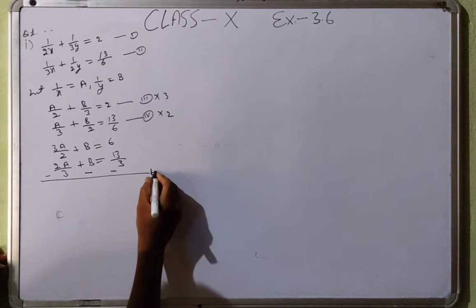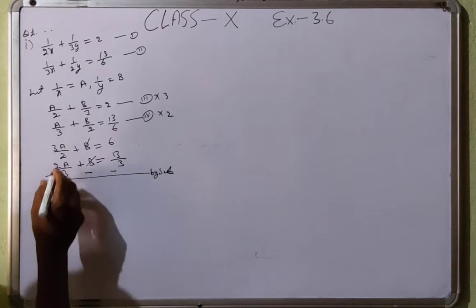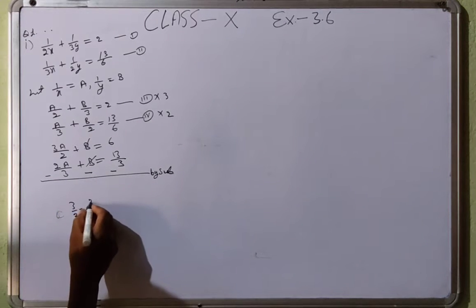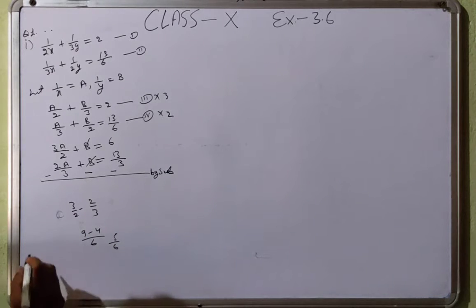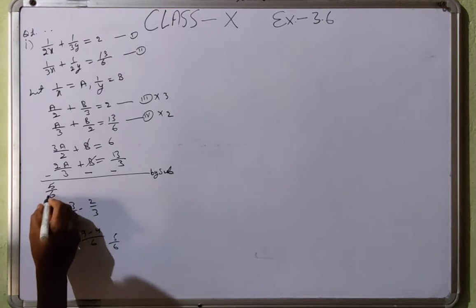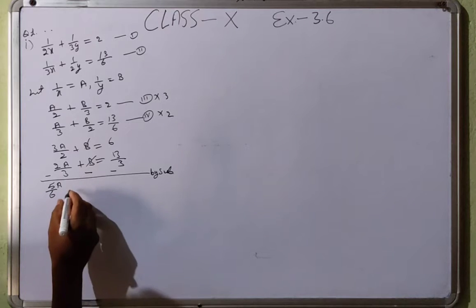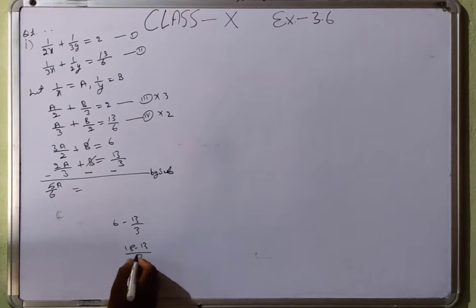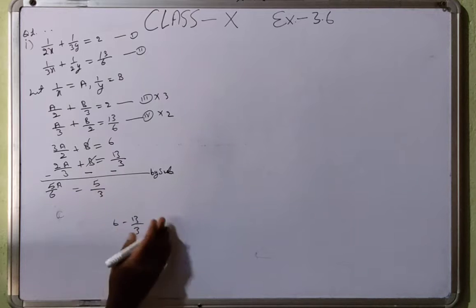So by subtraction, this will be cancelled, and then 3 upon 2 minus 2 upon 3 is 9 minus 4 upon 6, so 5 upon 6 a is equal to 6 minus 13 upon 3. 3 times 6 is 18, 18 minus 13 upon 3, that is 5 upon 3.